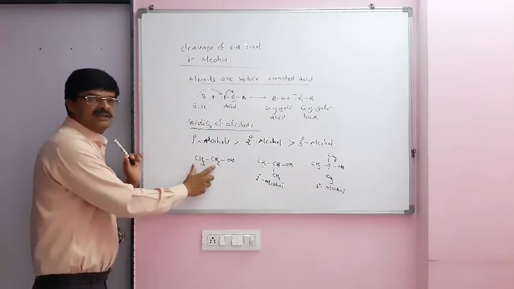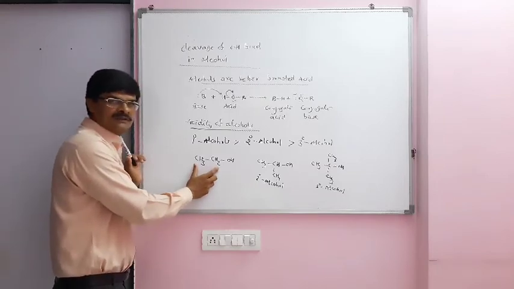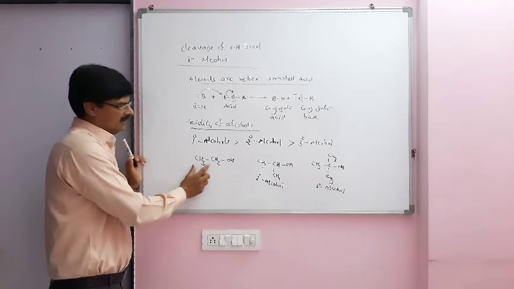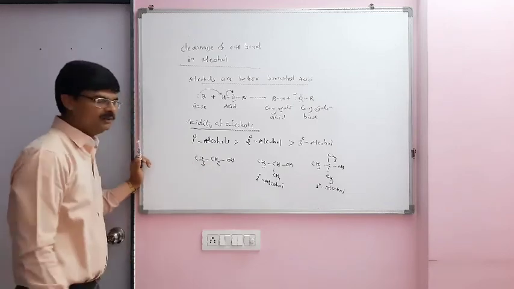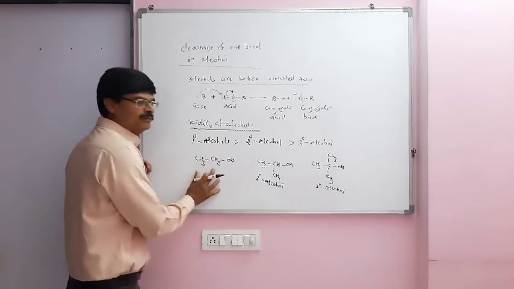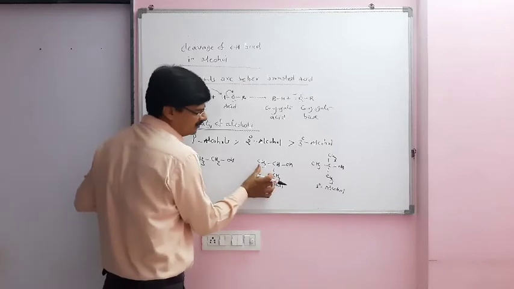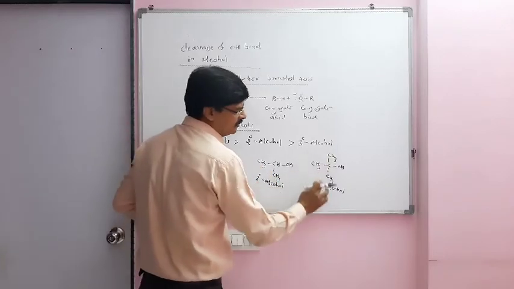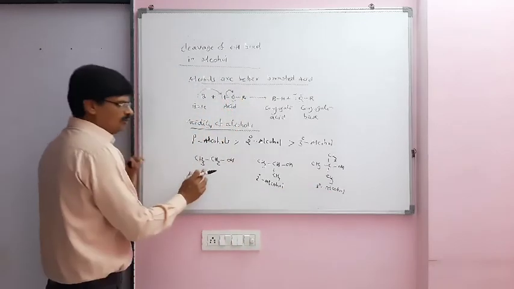As it is visible, in primary alcohols the electron donating groups like CH3, C2H5 are fewer in number, but more in secondary alcohol, and maximum in 3 degree alcohol.